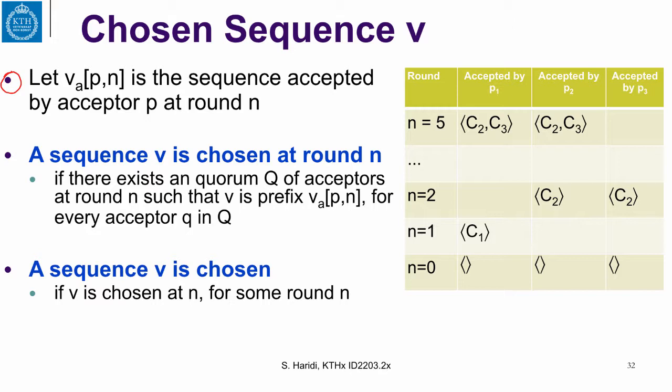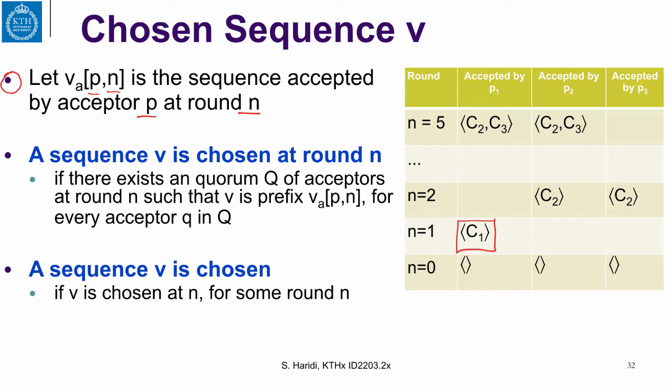We say that VA, the accepted value by acceptor P at round n, is the sequence accepted by acceptor P at round n. So, for example, at round 1, the sequence accepted by acceptor P1 is the sequence consisting of C1.